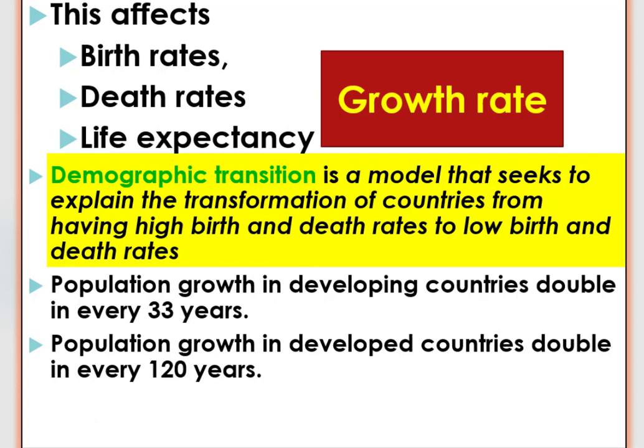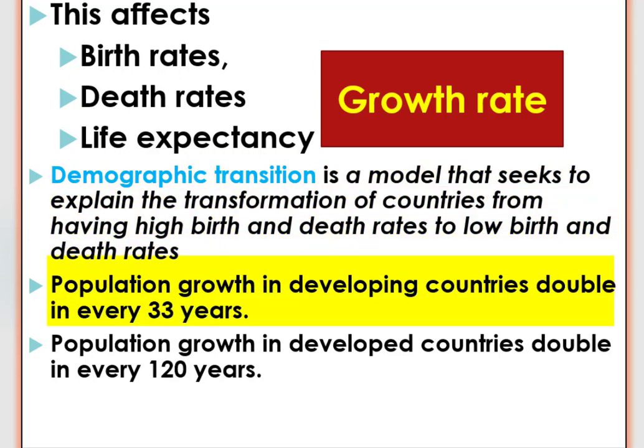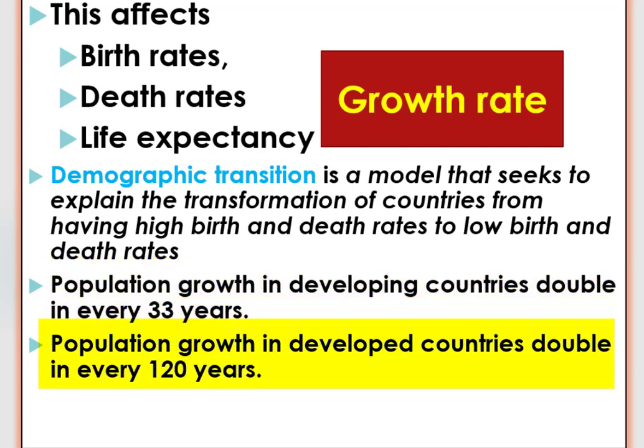Demographic transition is a model that seeks to explain the transformation of countries from having high birth rates and death rates to low birth rates and death rates. Due to the existence of different demographic transitions in developed and developing countries, the population in developing countries doubles every 33 years and the population in developed countries doubles every 120 years.